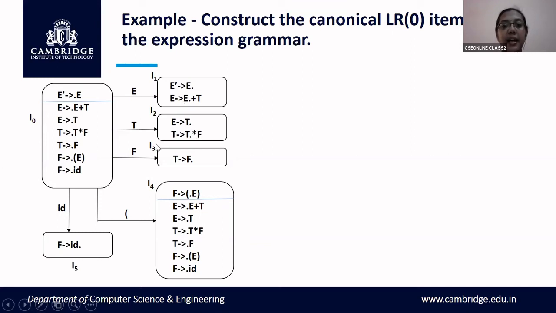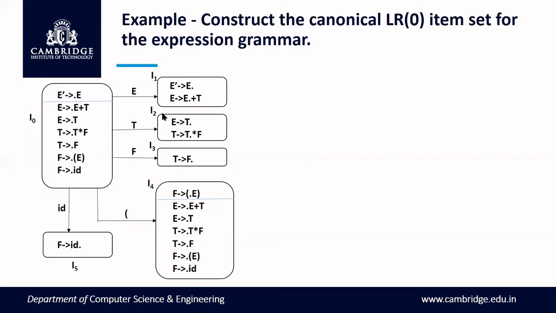So closure will be taken only for the variables and you cannot take it for the terminal symbols. And go to is moving from one state of the DFA to another state. This can happen on all the symbols, whether it is a variable or a terminal. Okay, so this is the first iteration here.